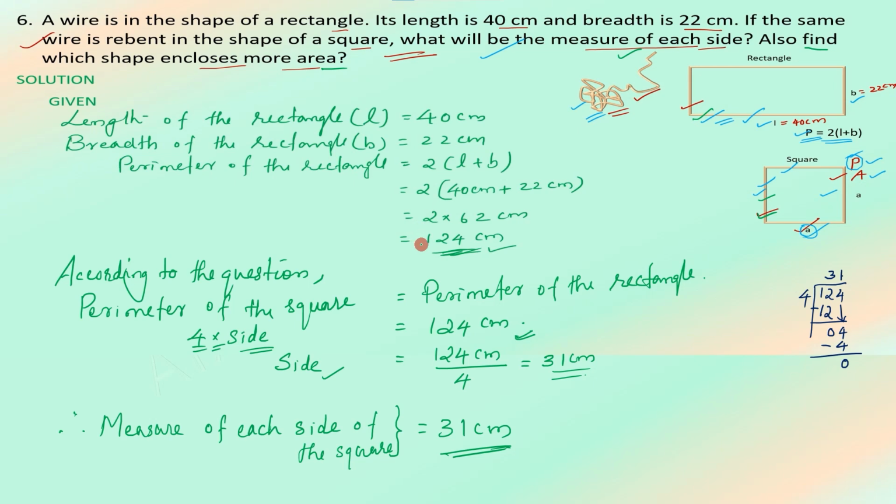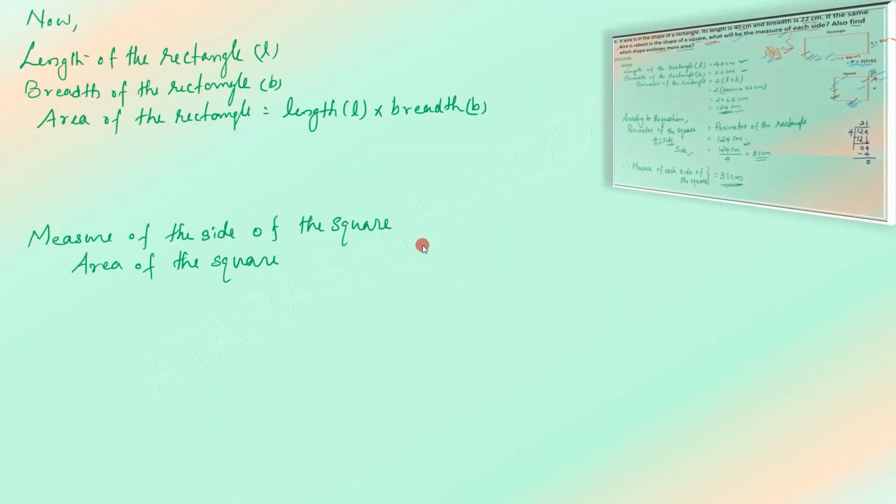Now let us find which shape encloses more area. For that, first we will find the area of the rectangle. Length of the rectangle equal to, here it is 40 centimeter, and breadth of the rectangle is here 22 centimeter. Area of the rectangle equal to, we know the formula, that is length into breadth, that is equal to 40 centimeter into 22 centimeter.